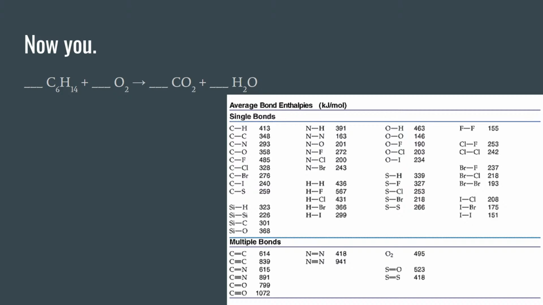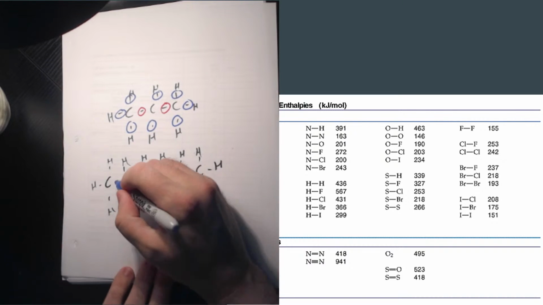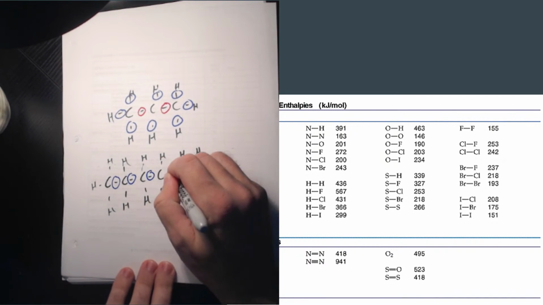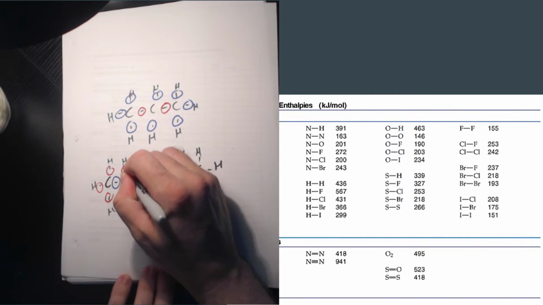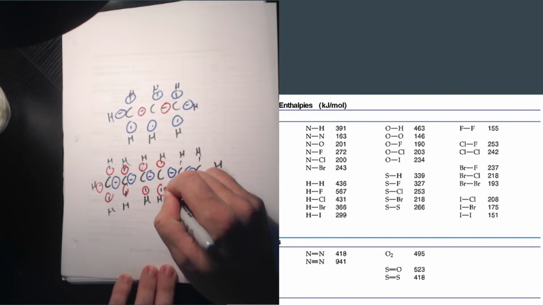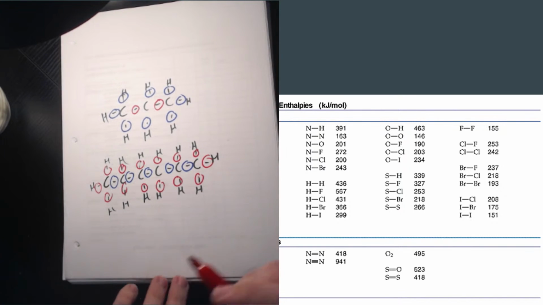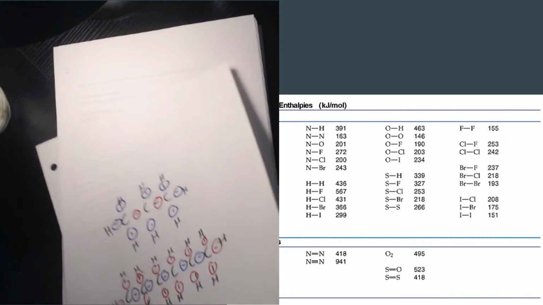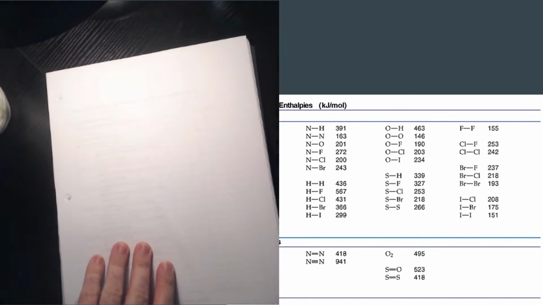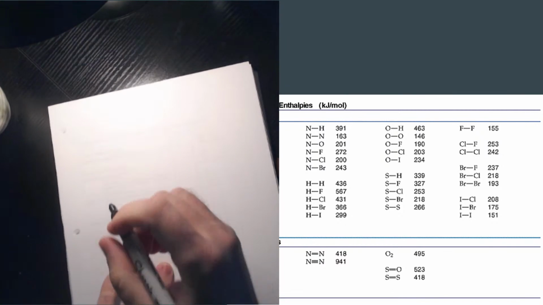All right, welcome back. So we look inside of our hexane. We have 5 carbon-carbon single bonds, and then 14 carbon-hydrogen single bonds. Now we also have to balance the equation.